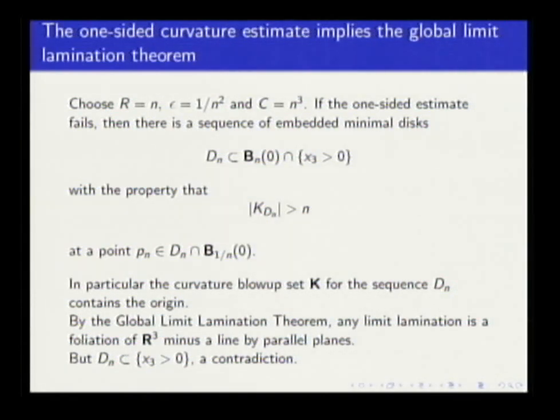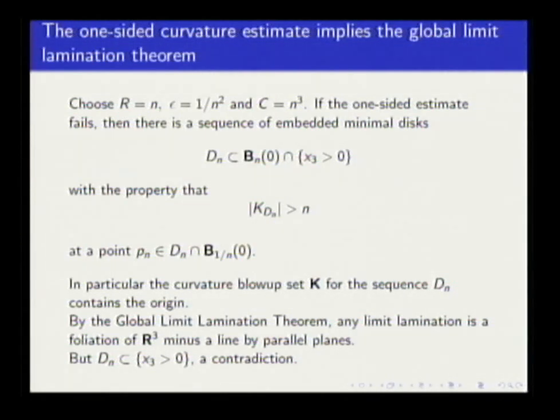So if the one-sided curvature estimate fails, you can get a disk in the upper half ball of radius n with the property that its curvature is bigger than n. So r to the minus 2 is 1 over n squared times C is n cubed over n squared, which is n.